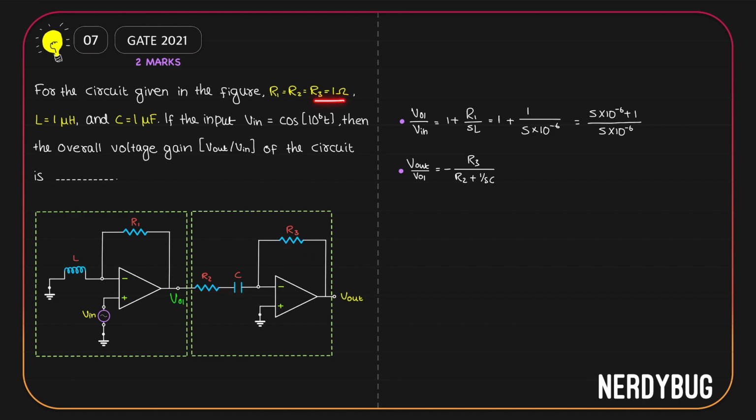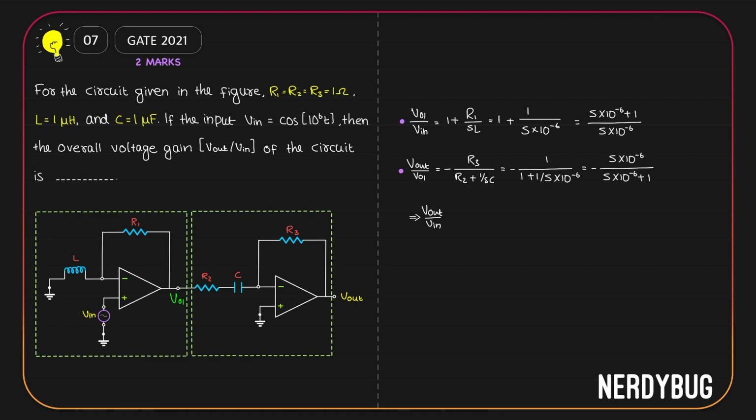Again R3 is 1 ohm, R2 is also 1 ohm, C is 1 microfarad. If we give the values, we get minus 1 divided by 1 plus 1 by s times 10 to the power minus 6. Let's multiply the numerator and the denominator with s multiplied by 10 to the power minus 6. That gives us this.